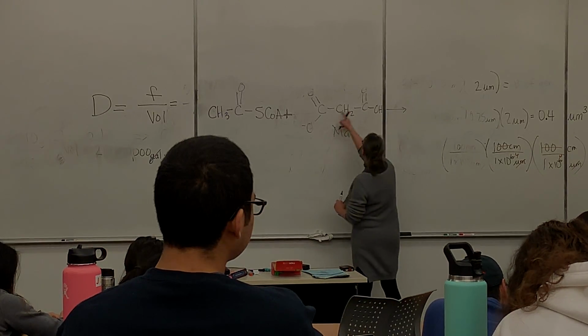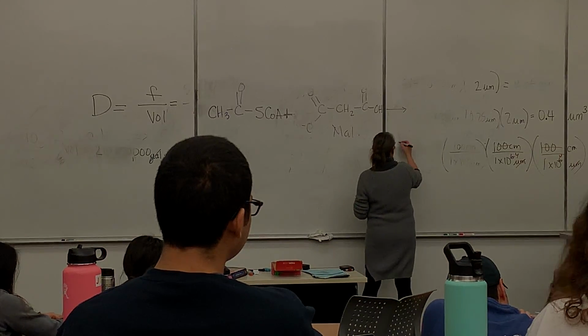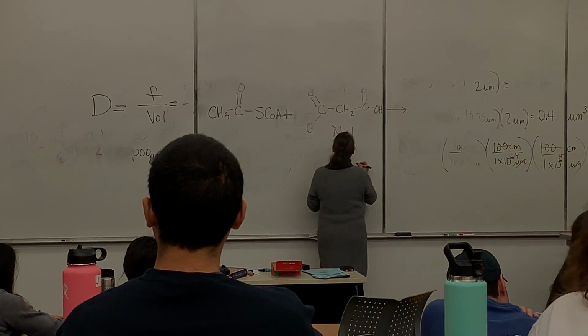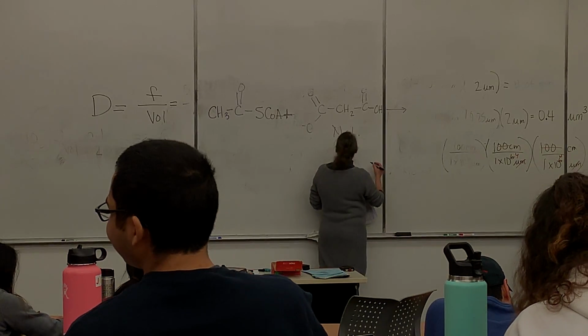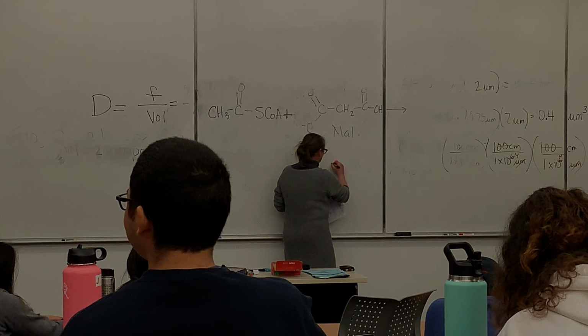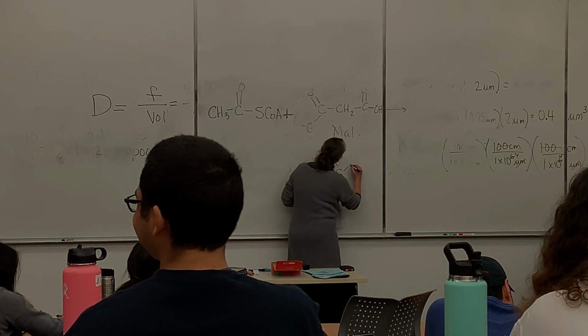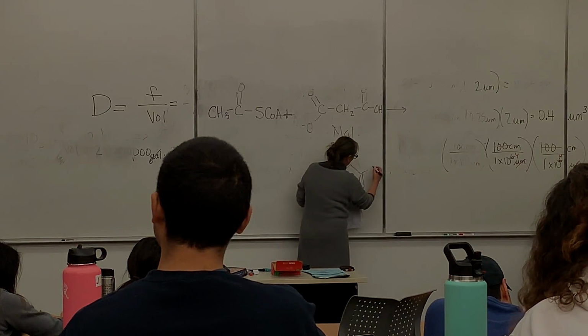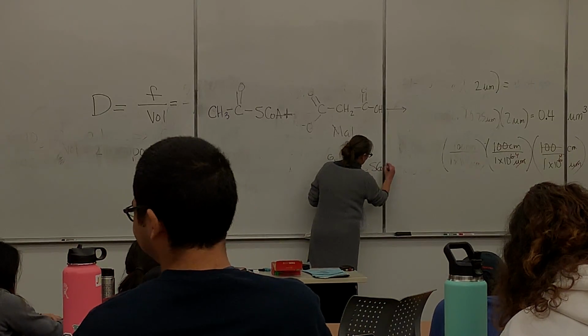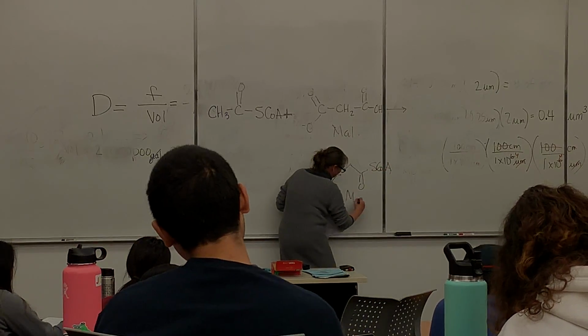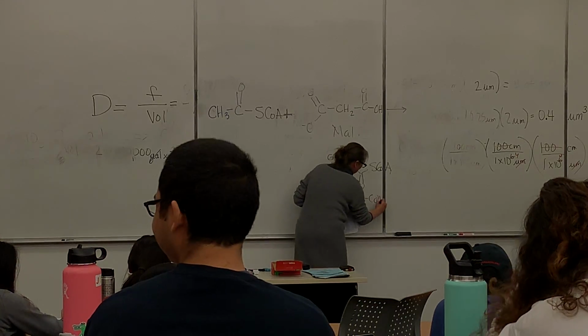So you'll have this compound, but it will have the CoA. So I'm going to draw it here, a bit cleaner. Where's the cleanest spot? Right here. So this is the malonyl CoA.